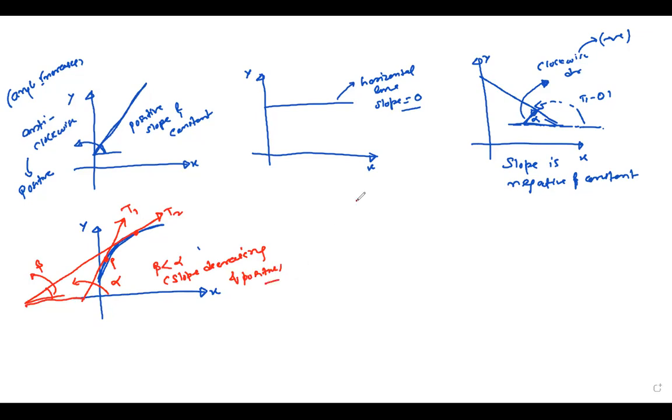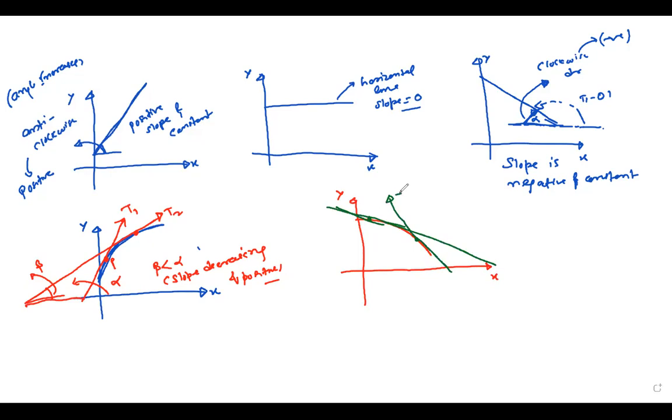Okay, let's draw another graph. So this is y, this is x. Let's choose some other color. Let's draw a tangent like this.